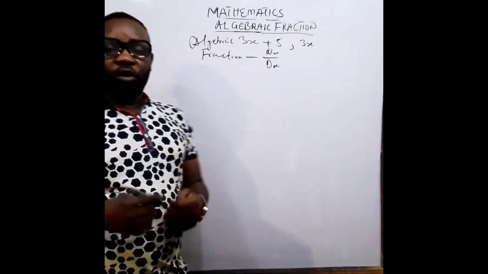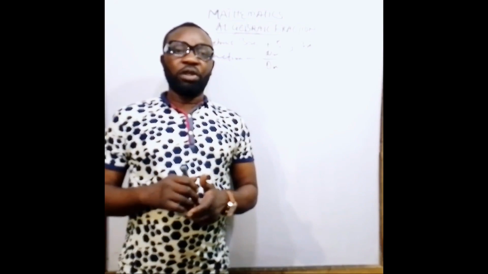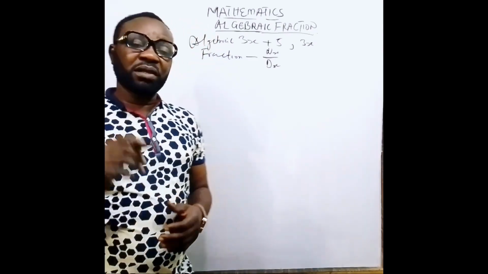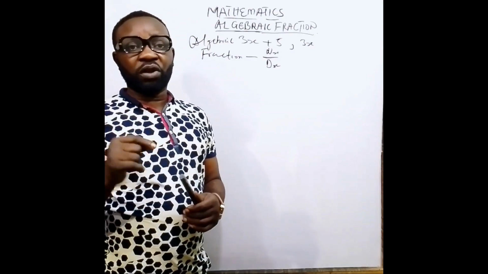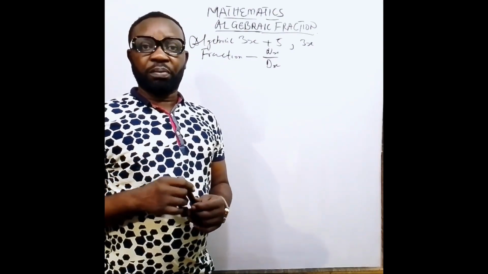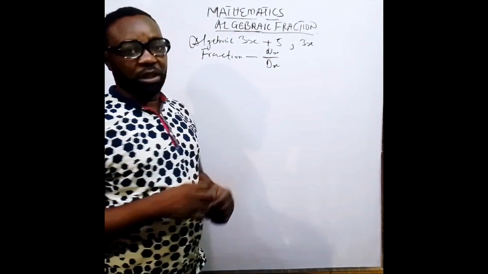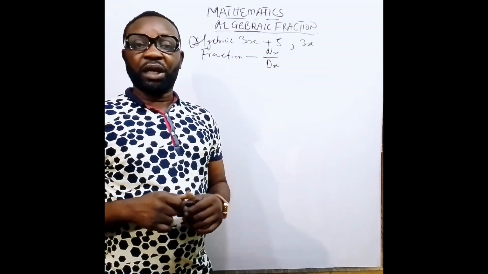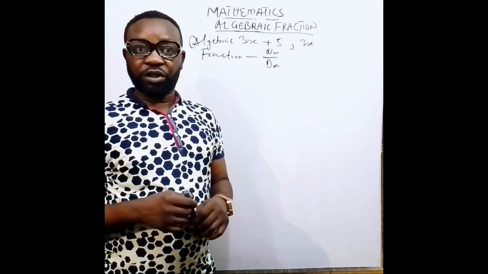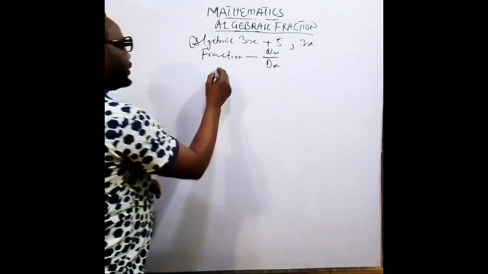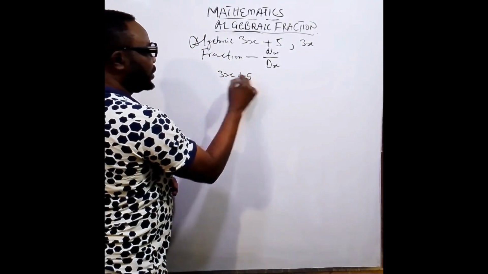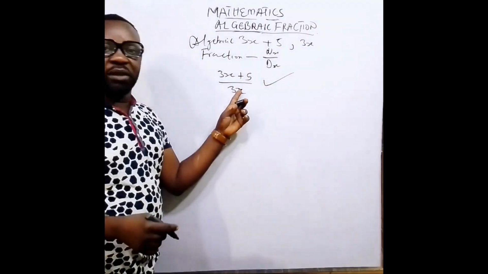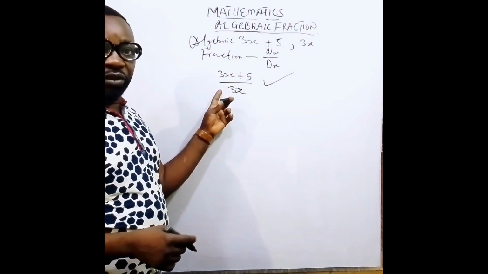Now, for us to have a good algebraic fraction, it means that the denominator of such a fraction must be an algebraic expression. If not, such an expression cannot be regarded as an algebraic fraction. For example, if I have 3x plus 5 over 3x, this is a very good example of an algebraic fraction.